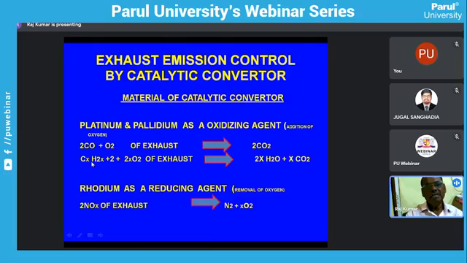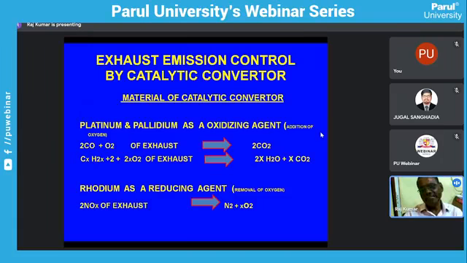In the same way, hydrocarbon is converted into carbon dioxide and water. So this is called an oxidizing agent. The platinum coating is there in the two-way converter, which converts carbon monoxide to carbon dioxide, and hydrocarbon to water and carbon dioxide.